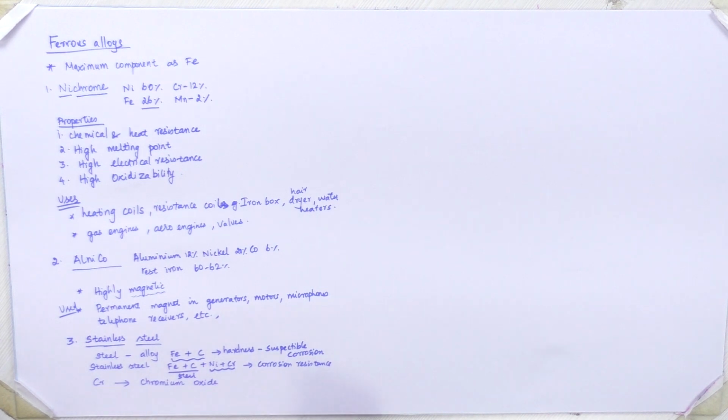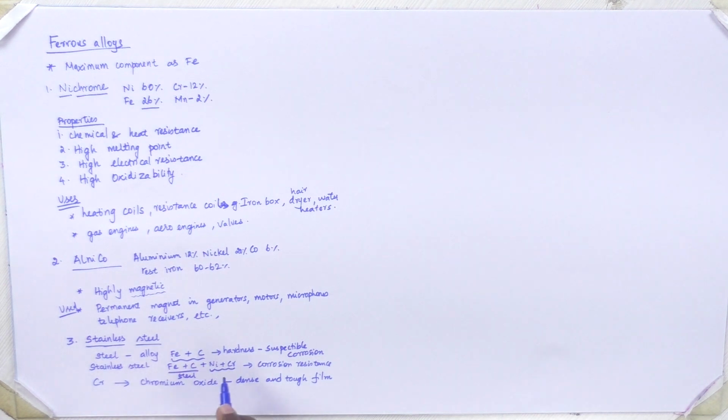This chromium oxide forms a dense and tough film, and this dense and tough film protects the iron from corrosion. That's why stainless steel acts as a corrosion resistant material compared to steel.